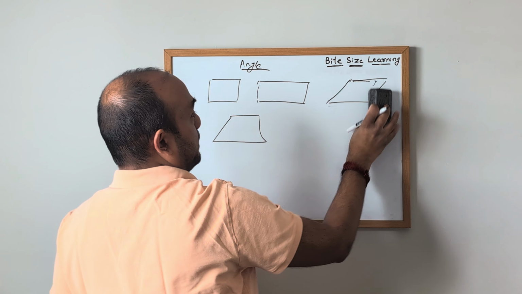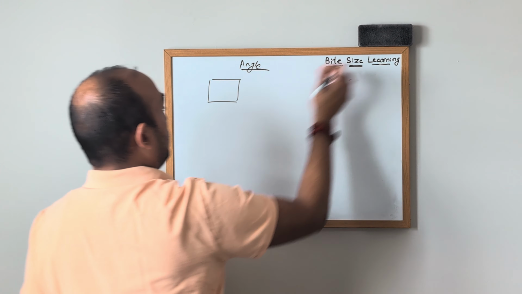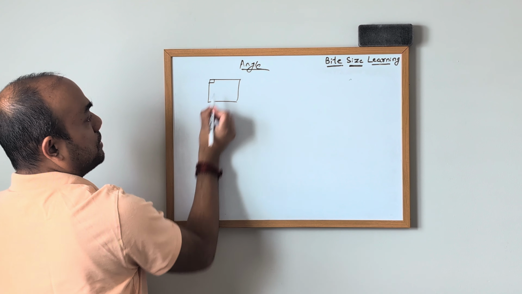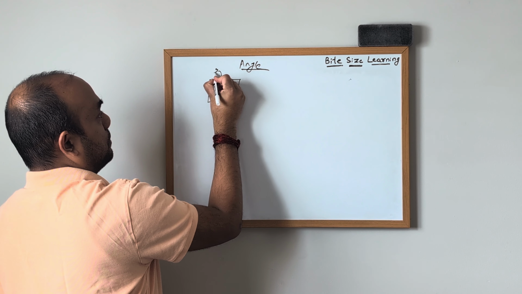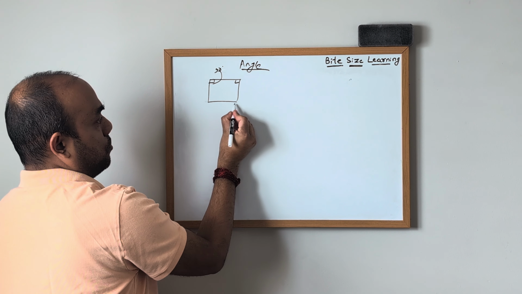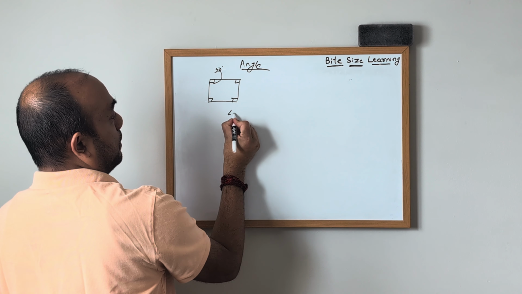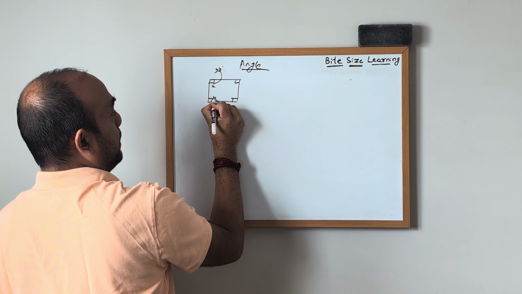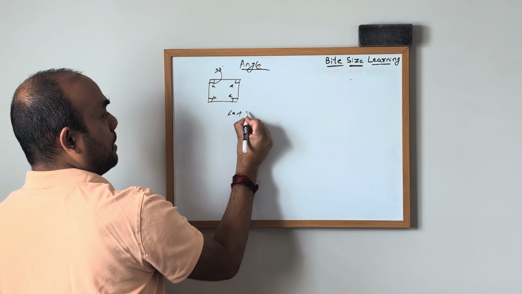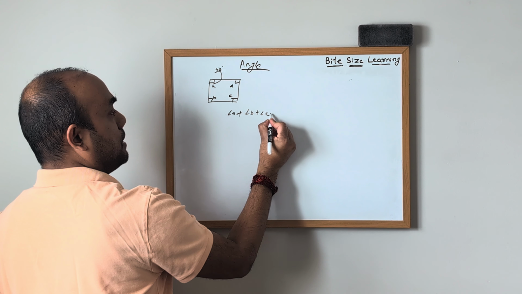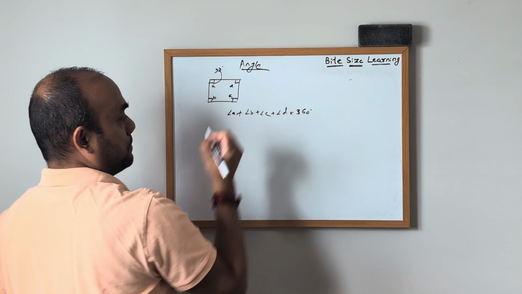So let's take an example of a square, which is a simpler one. So you have a square. In a square, each angle is equal to 90 degrees. So how many angles are there? Four. Let's say they are named A, B, C, and D. Angle A plus angle B plus angle C plus angle D is equal to 360 degrees.